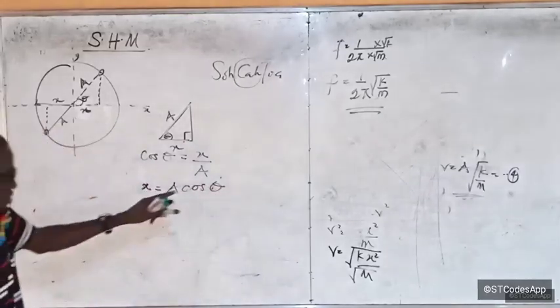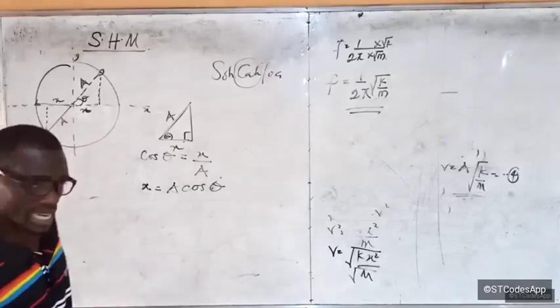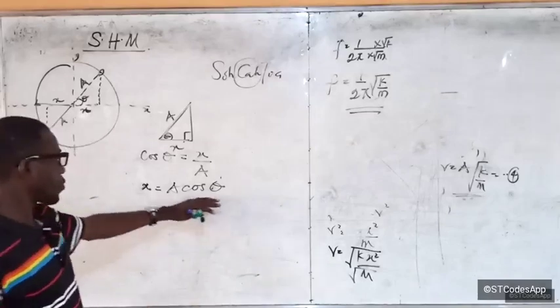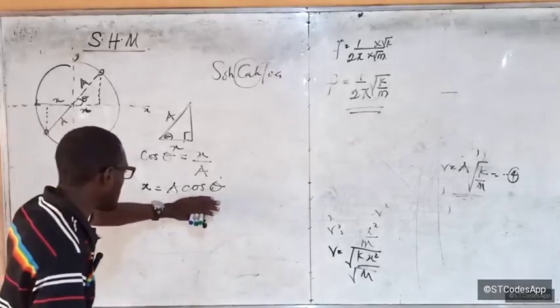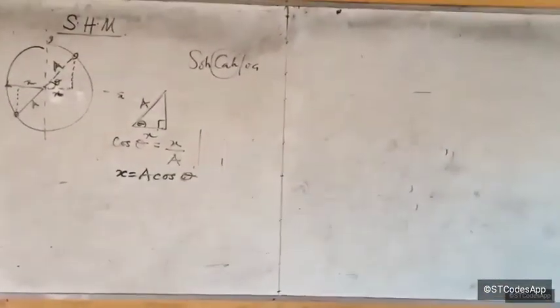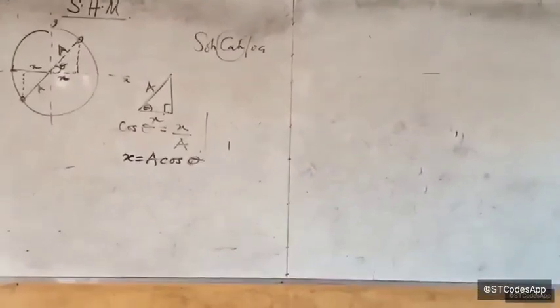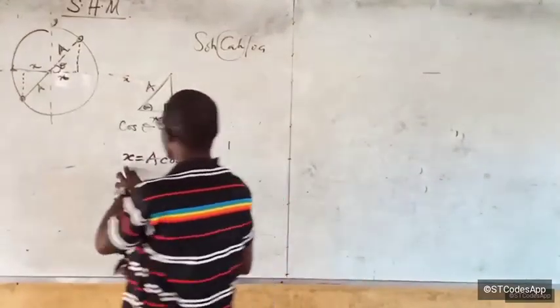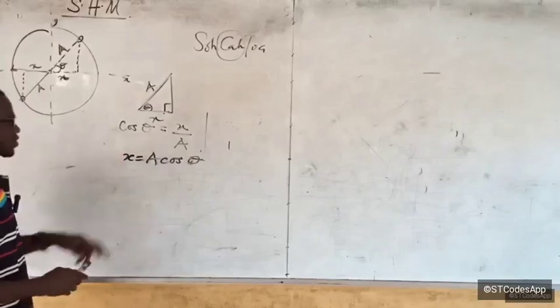So this is where this is coming from. I hope that is clear. So from here, we have x equal to A cos theta when you cross multiply.